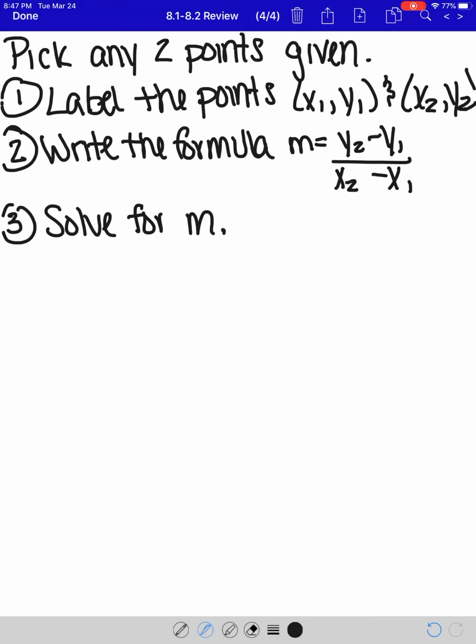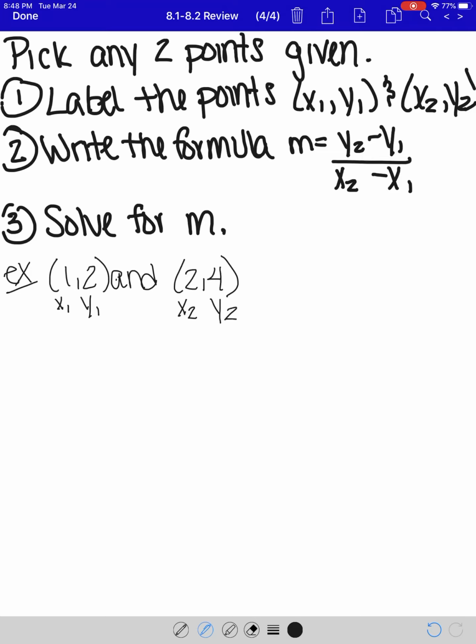So I'll show 3 examples of this. The first, I'm just going to give 2 points. 1, 2, and 2, 4. First, I'm going to label my points. X1, Y1, X2, Y2. It is important when you label your points that you're numbering them.